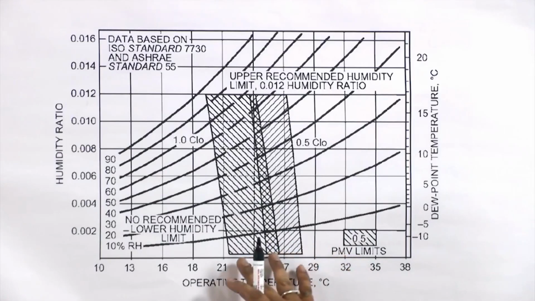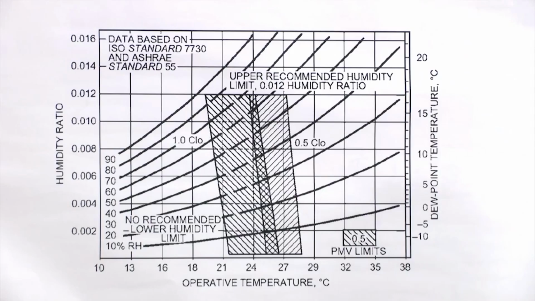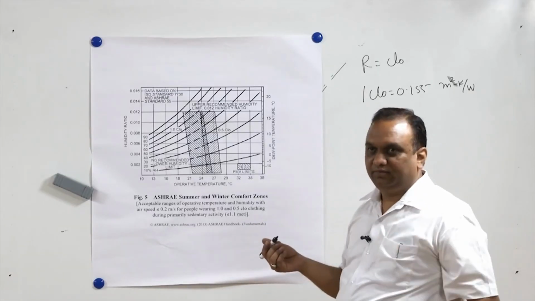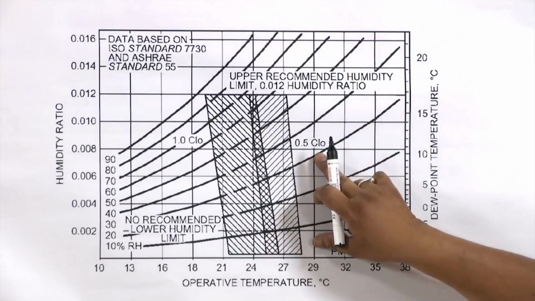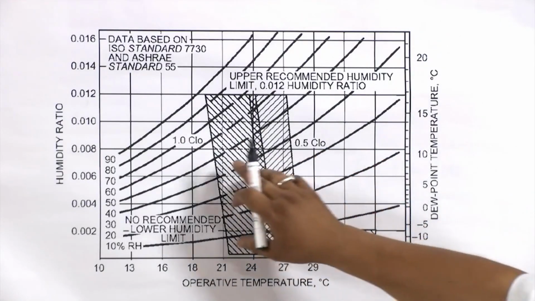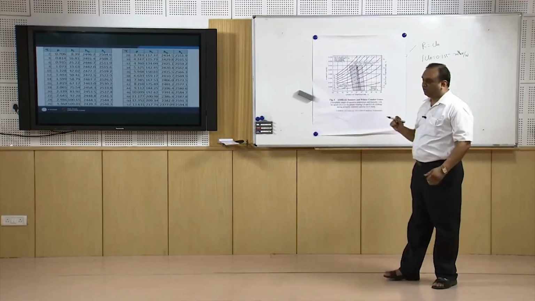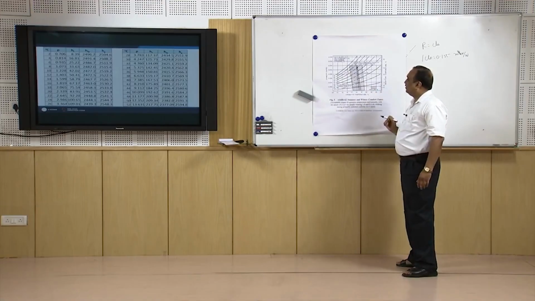If you look at the summer comfort zone, this is 0.5 CLO. This is equivalent to summer clothing, like my clothing, approximately 0.5 CLO. Now, if you go to winter clothing, where I am wearing a suit or a coat, it is going to be approximately 1.0 CLO.